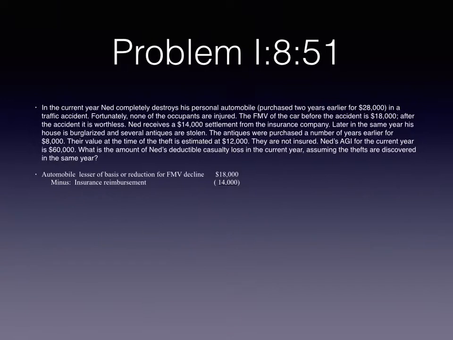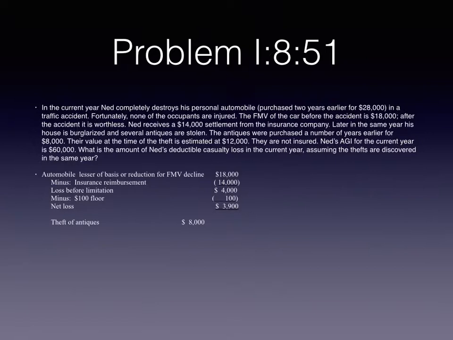You're going to subtract out the reimbursement that he received from the insurance company, and we're left with a net loss before any limitations of $4,000. From that, we're going to subtract out the $100 floor, giving us a net loss of $3,900.